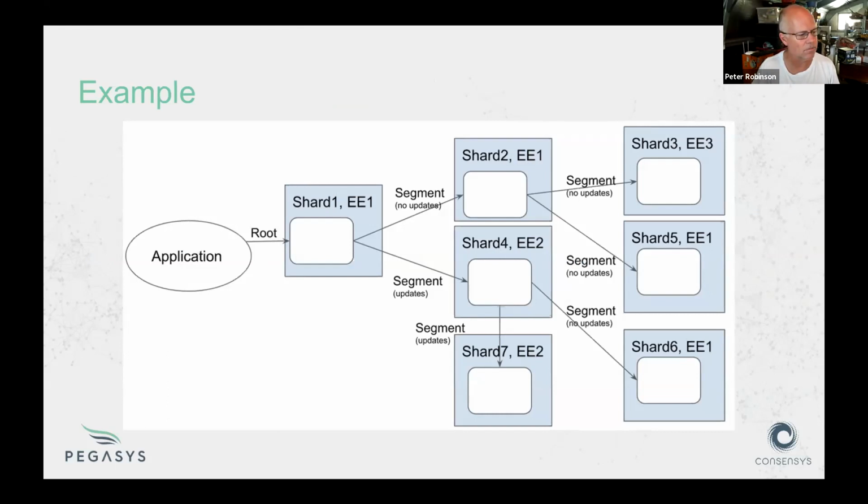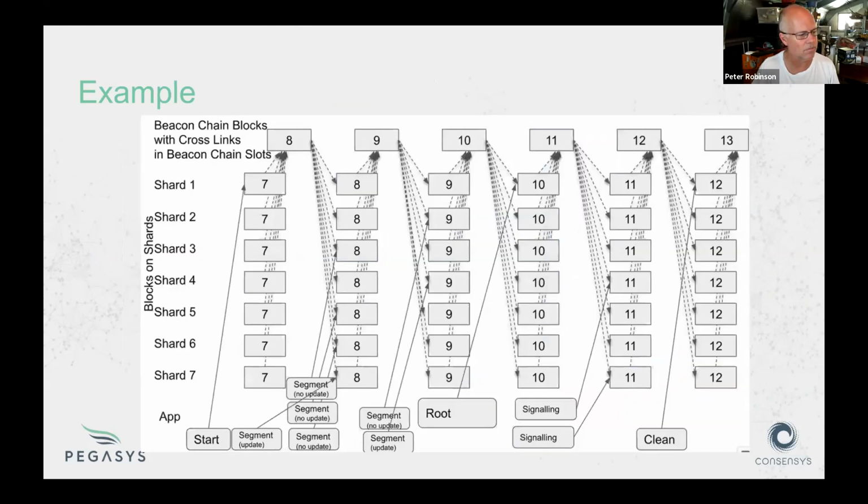In this approach, what you would do is have a special start transaction right at the beginning, and it would emit an event that would define the whole call graph of transactions that is going to go through. And then you would have transaction segments that are leaf transactions.